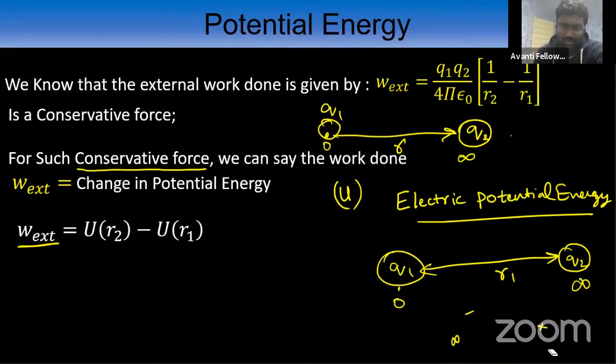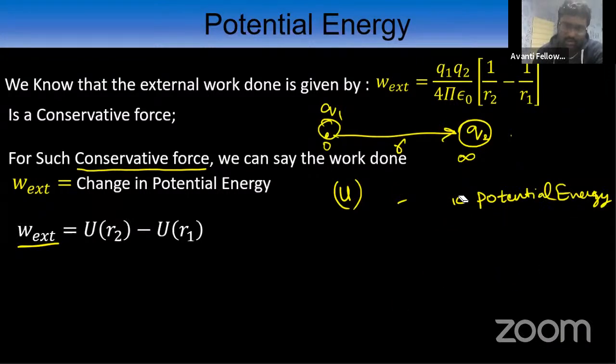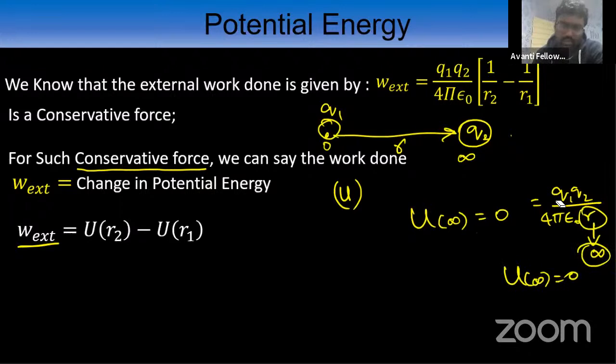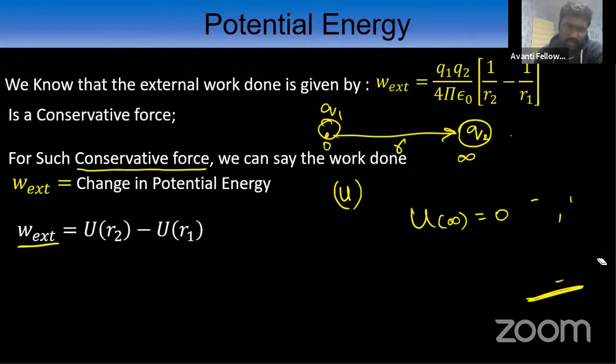So if my distance is infinite, the potential energy experienced, U of infinity, will be equal to 0. How? If I substitute r as infinite in q1 q2 by 4 pi epsilon naught into r, my potential energy at infinity will be equal to 0.